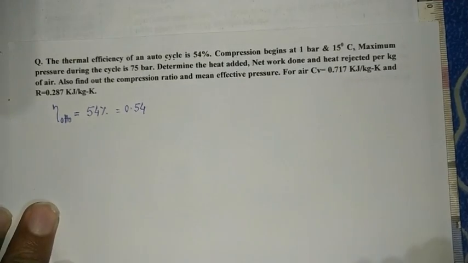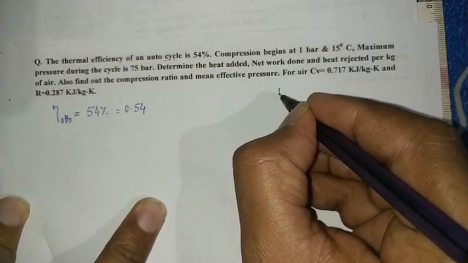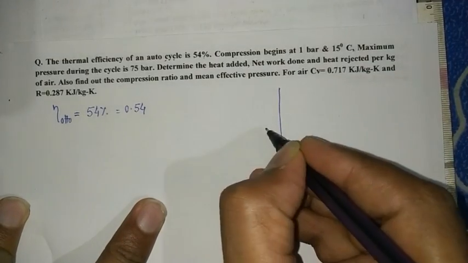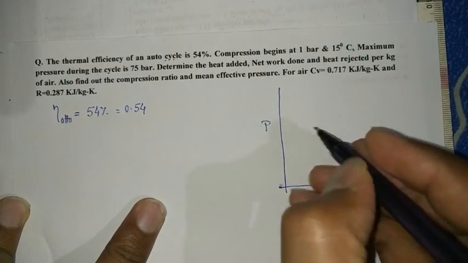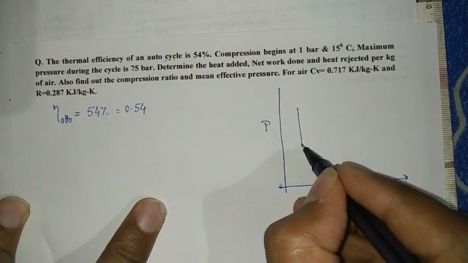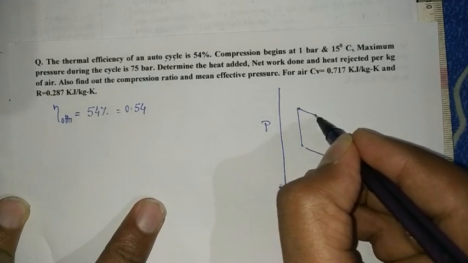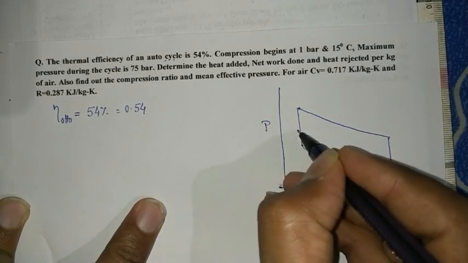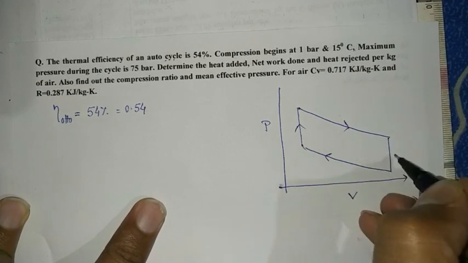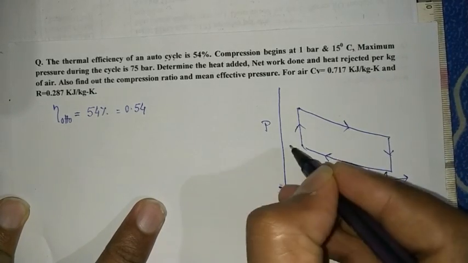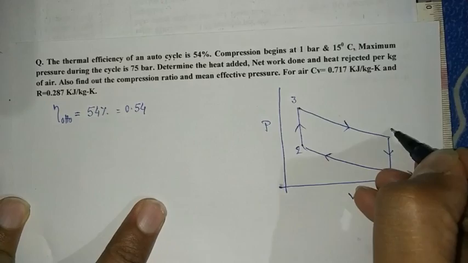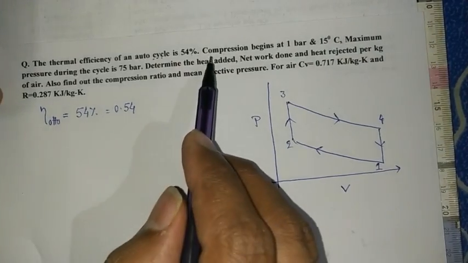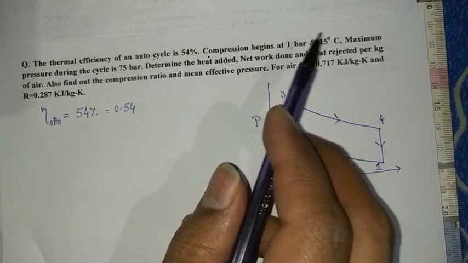Okay, so first of all, let us draw the PV diagram of the Otto cycle. Okay, so in the question it is given that compression begins at 1 bar, 15 degrees Celsius.